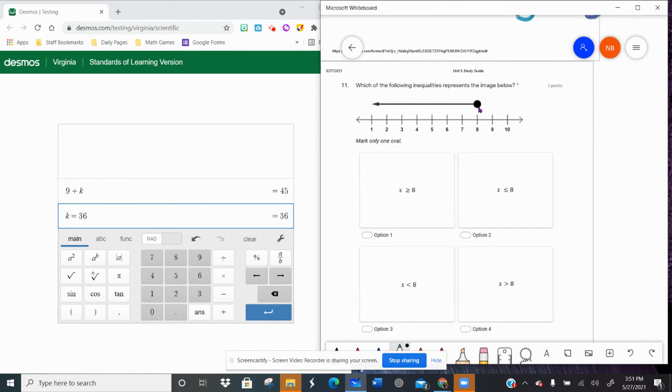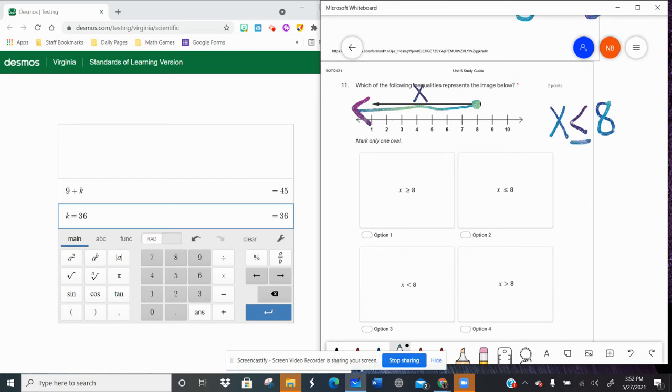All right, for the next one, it says, which of the following inequality is represented in the image below? All right, so I have a closed circle at 8, and I'm going to the left. So if all these numbers represent the variable x, we're going to the left, right? Left is least, is less than 8. But I have a closed circle, so I make that line.